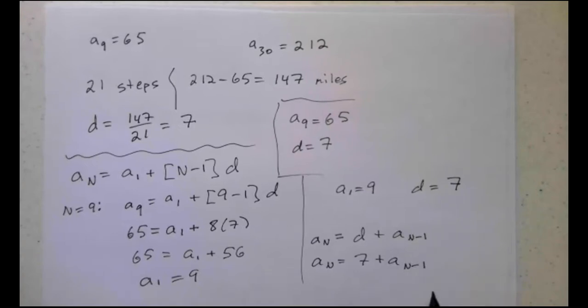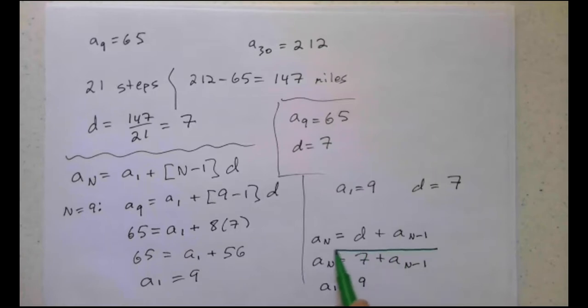But if we're going to do that, we also have to define what the first term is, and of course, knowing that a sub 1 is 9. So if we put these two pieces together, this defines a recursive function for us. A sub 1 is 9, and the next term is 7 more than the previous term.